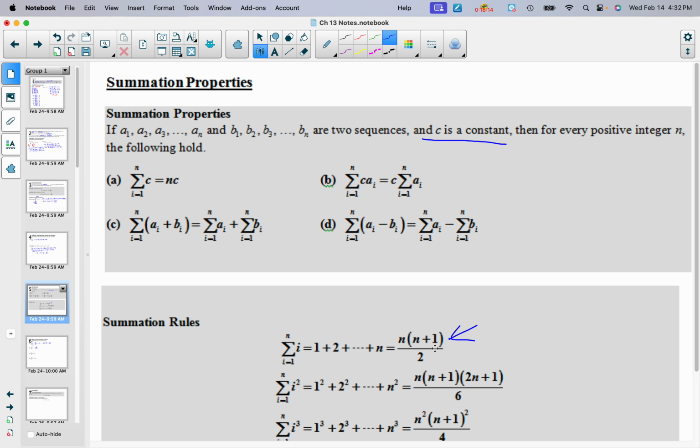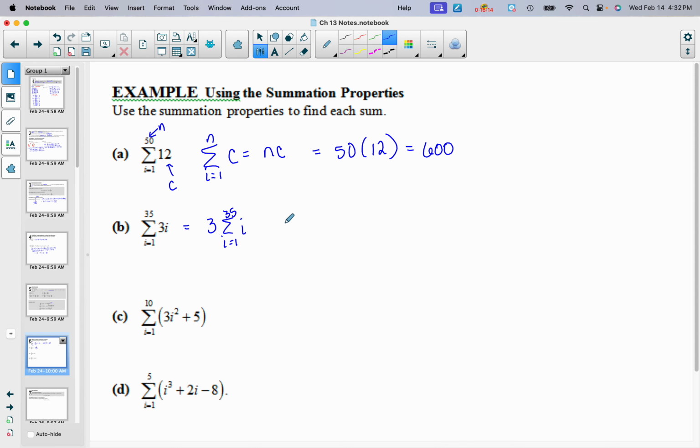This tells me what formula I can use to evaluate this. The formula is 3 times n, which is 35, times n plus 1, which is 35 plus 1, over 2. And if you do the math, I don't have this memorized, I have it worked out, it is 1,890.